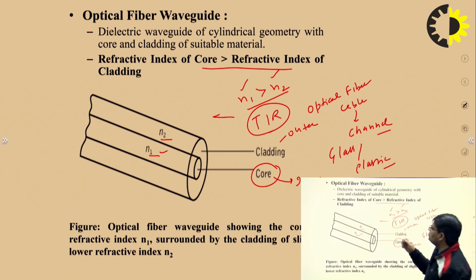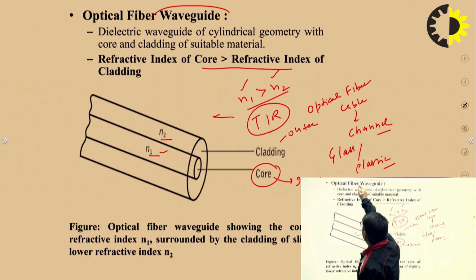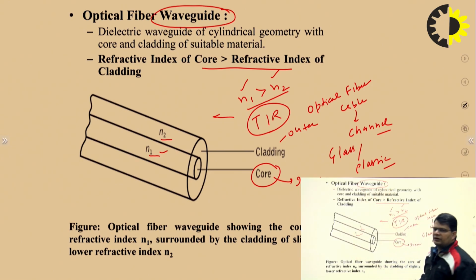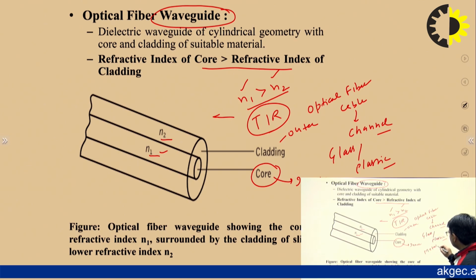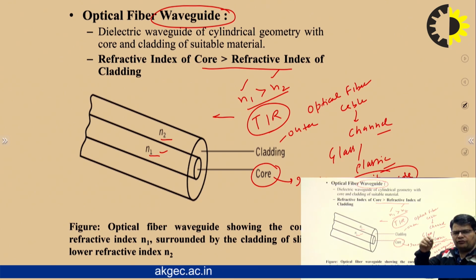Now the question arises, why we are saying the optical fiber as an optical fiber waveguide? This name has been given because of the similarity and comparison with the metallic waveguide. We basically know that there are metallic waveguides which are hollow metallic portions which are used for propagation of electromagnetic waves due to multiple reflections from the inner walls.